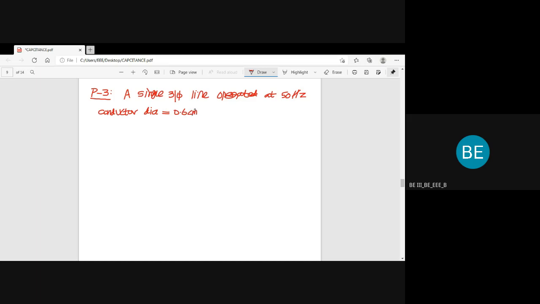The line will be regularly transposed. Line is a transposed one.